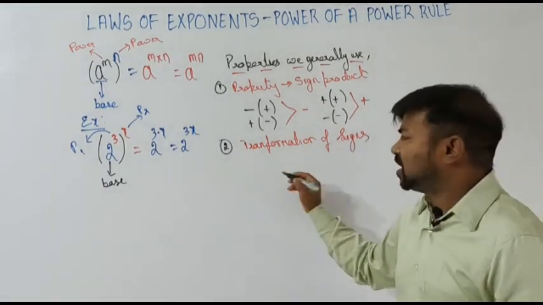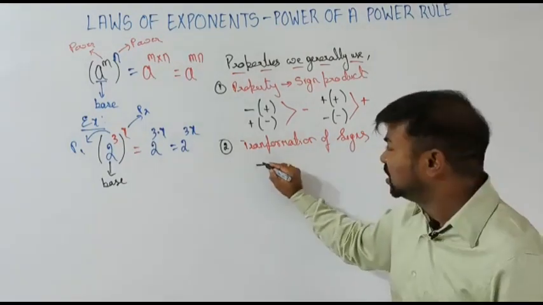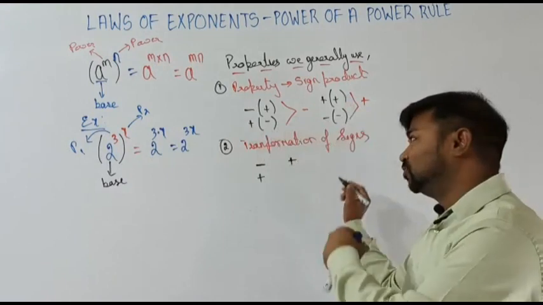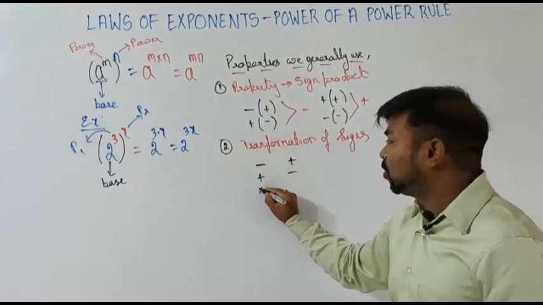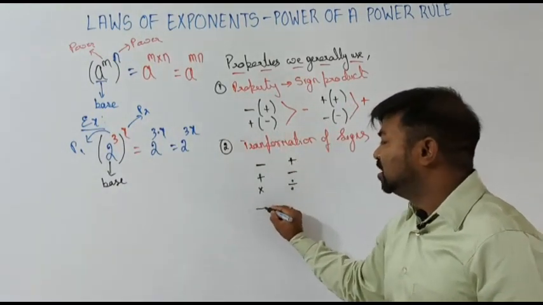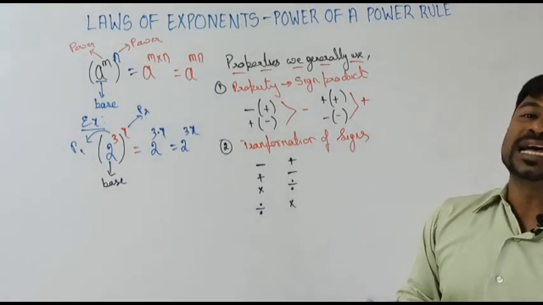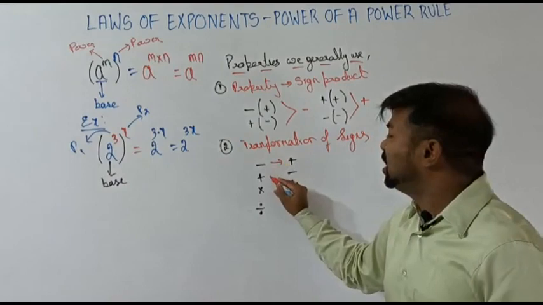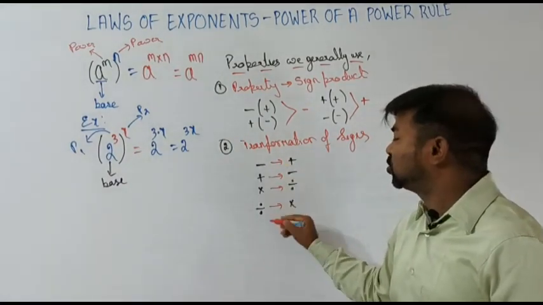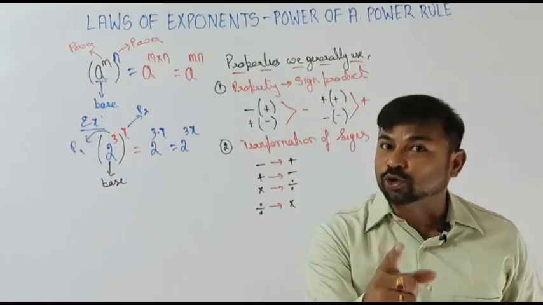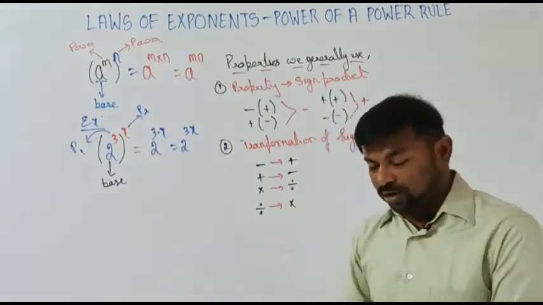As you all know, if you have minus and it goes to the other side, it becomes plus, and if you have plus and it goes to the other side, it becomes minus. Product becomes division, and division becomes product. These are nothing but transformations if they go to the other side of the equation. This is the second property we are going to come across. I will show you how it comes up in our practical work.